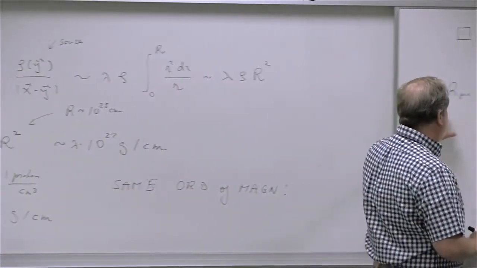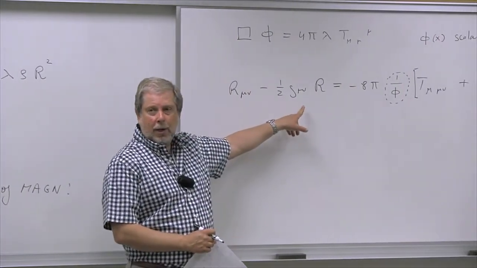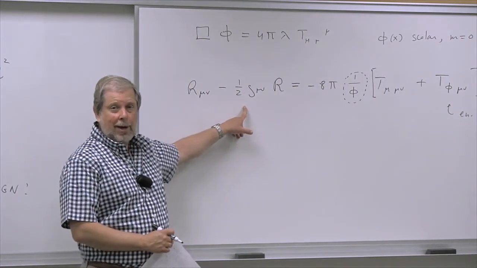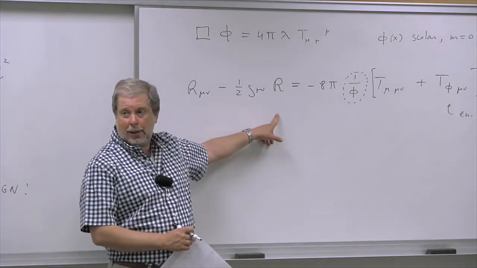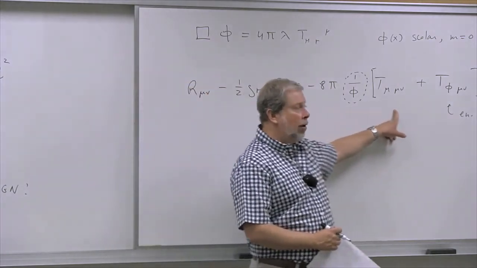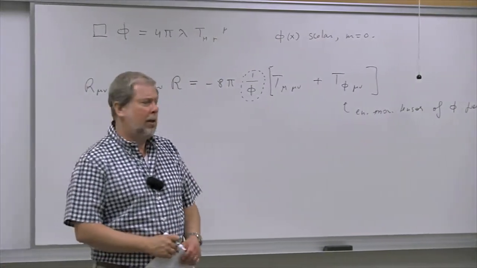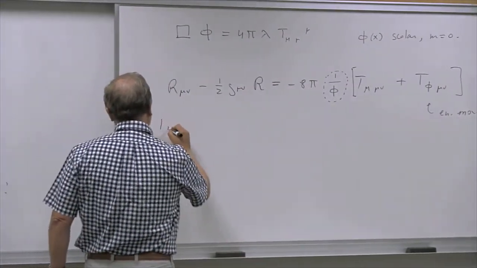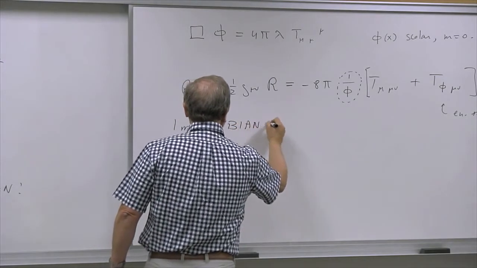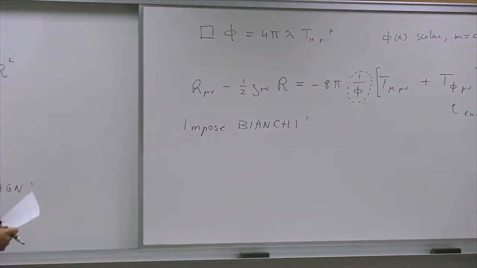Because we do know that when we take this part here and take the semicolon of that, which is the covariant divergence, we know that because of the Bianchi identity, this is identically 0, right? And so that means that also the semicolon of the covariant divergence of this part also has to be 0, right? So impose the Bianchi identity, right?